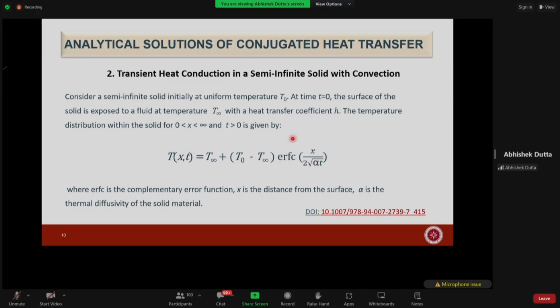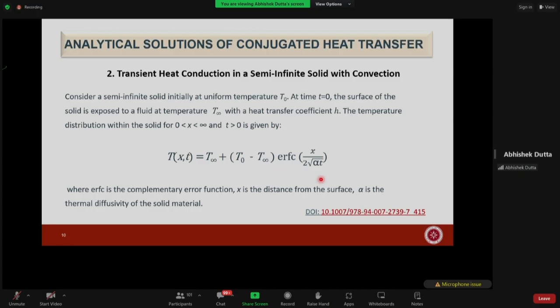We can express this condition using this equation, and this expression is very interesting because it has a complementary error function. It's not a direct equation, it's a little bit complex. The equation relates the distance from the surface and the thermal diffusivity of the solid material, and it accounts for both the transient behavior of the conduction and the convective behavior.